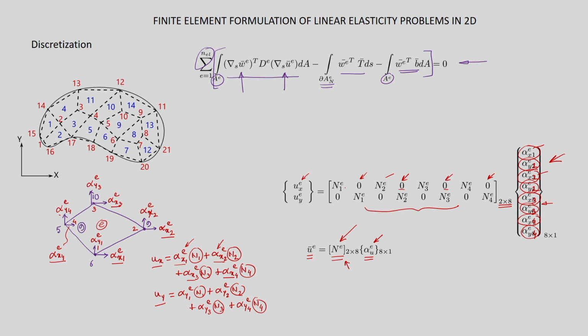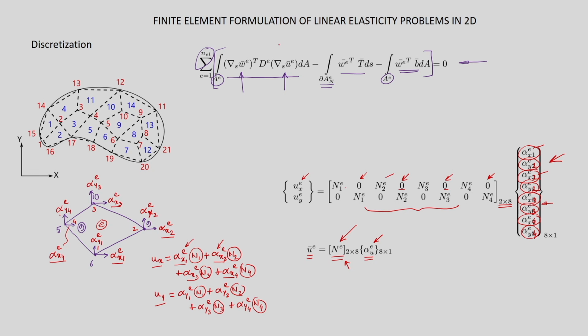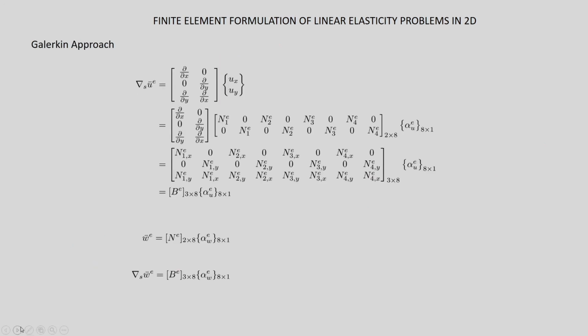Now, the next thing is to get their derivatives, because in the weak form we need their derivatives, the symmetric gradient of the displacement. So, here the symmetric gradient of ue we already wrote earlier as this.